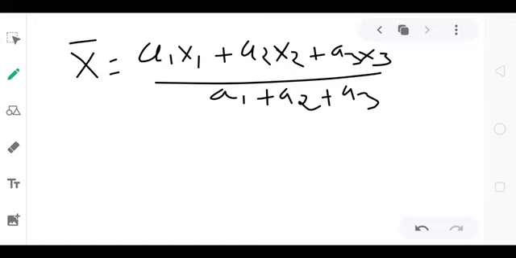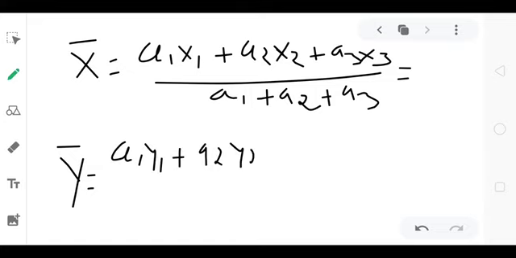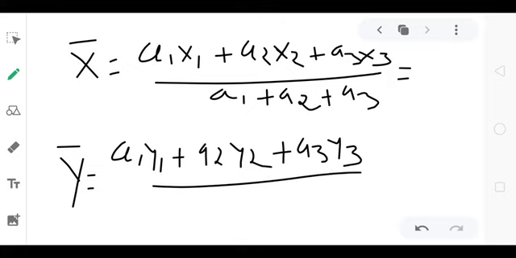So I'll put all the values over here. The equation of y bar will be a1y1 plus a2y2 plus a3y3 divided by a1 plus a2 plus a3.